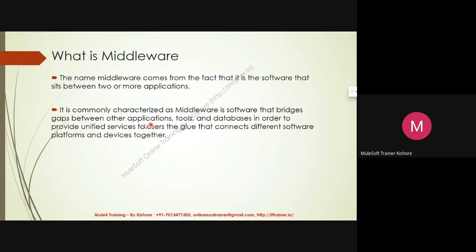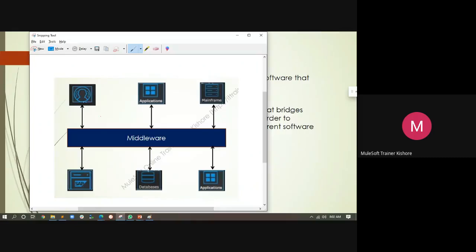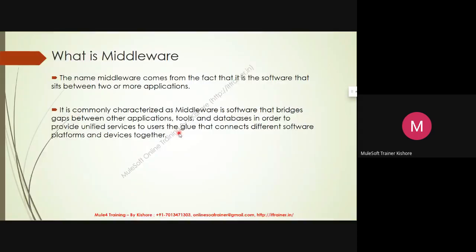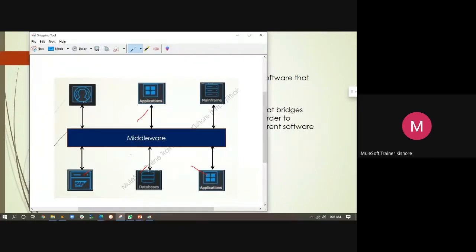It's a software that bridges the gap between other applications, tools, databases, and so on. So if a user asks for some data, the user doesn't know the data is scattered in different places.